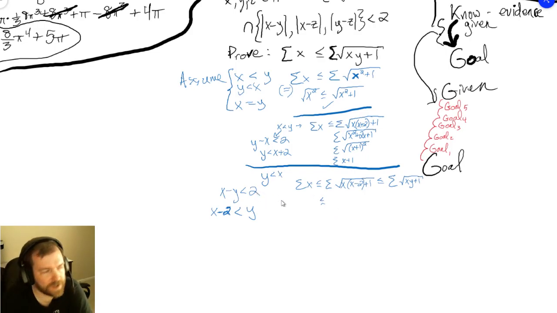So I'm using the consequences of the absolute value here. y is less than x, therefore this is going to be a positive number. I mean, I already know y is less than x, but anyway.